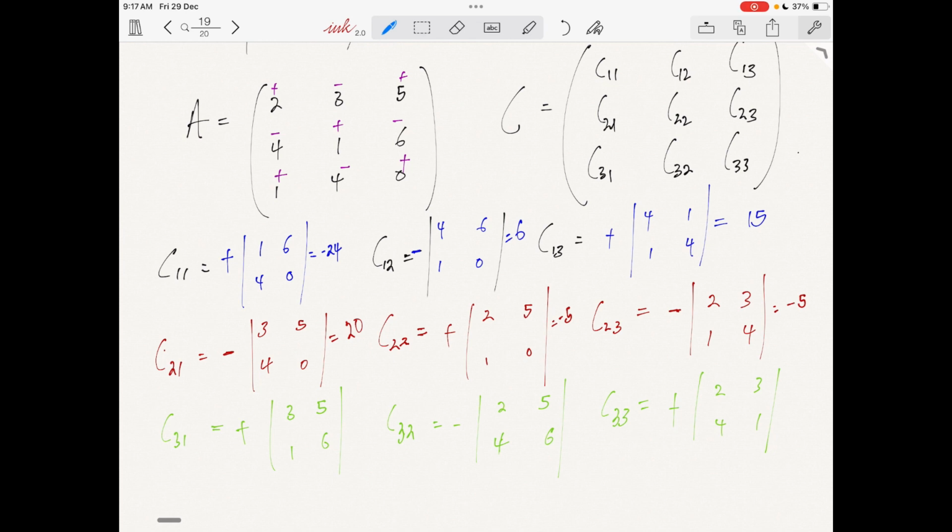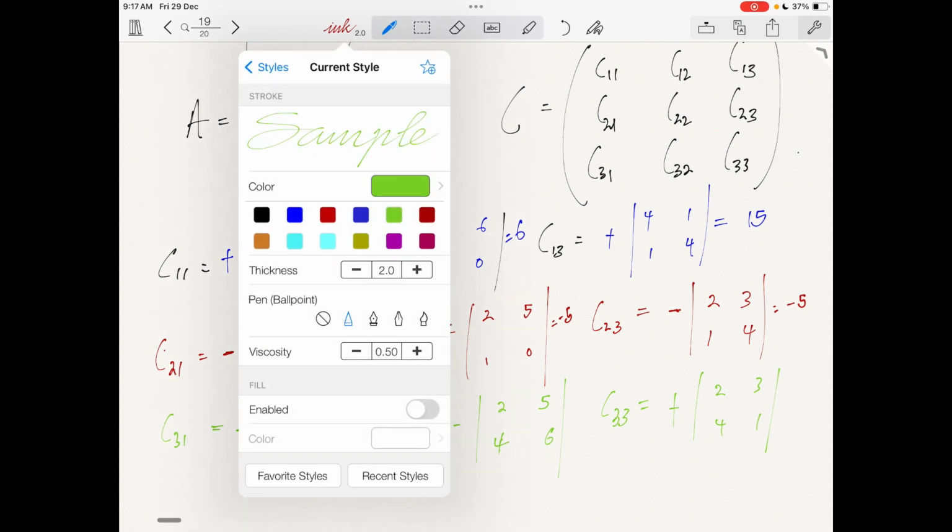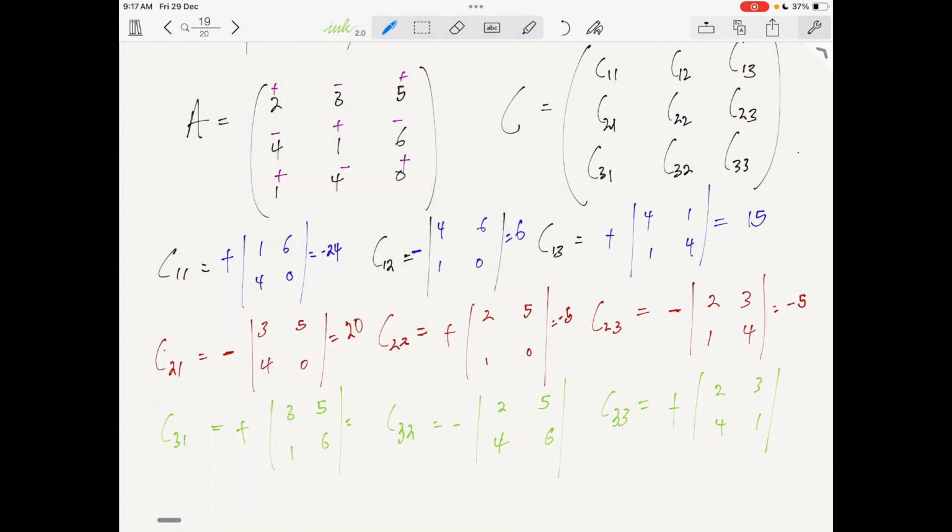For our last row, we have 13, then 12 minus 20, which is minus 8, and multiplied again by the minus outside, we have 8. And finally, 2 minus 12 is minus 10.